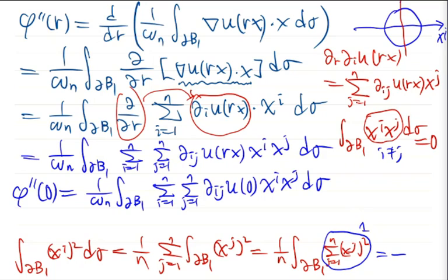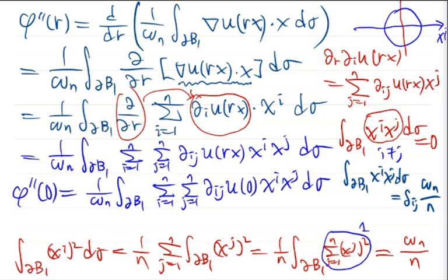So the result is the area of the unit sphere. That is 1 over n times omega_n. Omega_n is the area of the unit sphere. Okay. In other words, we can write the integral over B_1 of x_i x_j to be delta_ij omega_n over n.